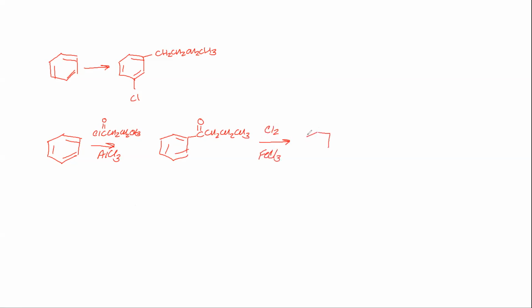Okay. And we have to do that now because we have to put the chlorine on now, because once we change the ketone here into the alkyl group, it'll be ortho para. So we want the chlorine to go meta, so we have no choice but to put the chlorine on now. Okay, I'd buy that.